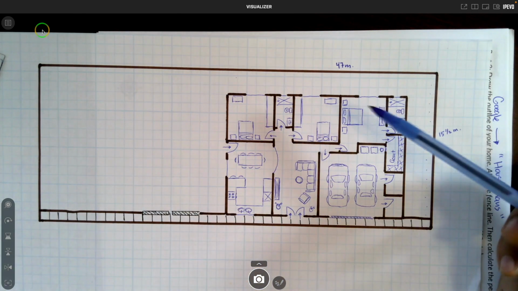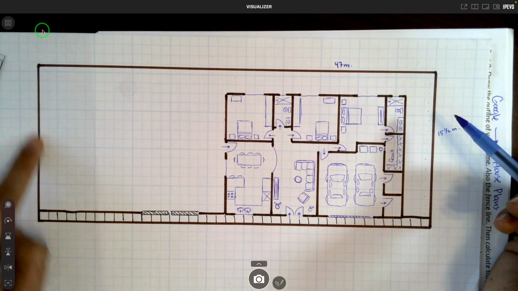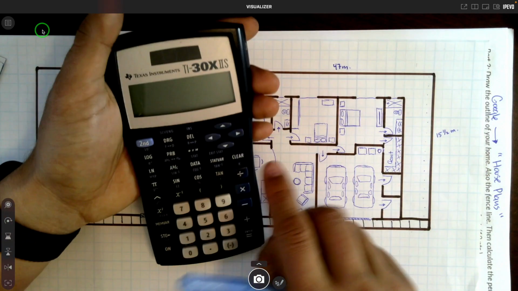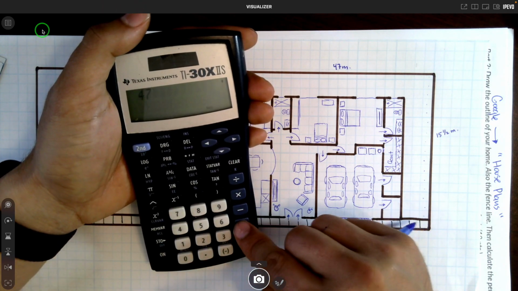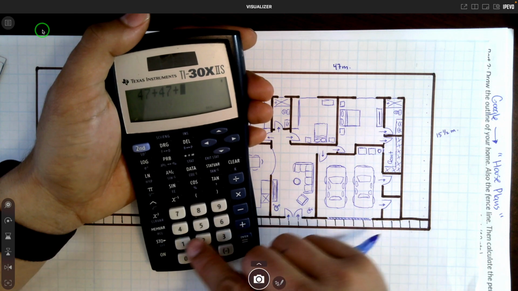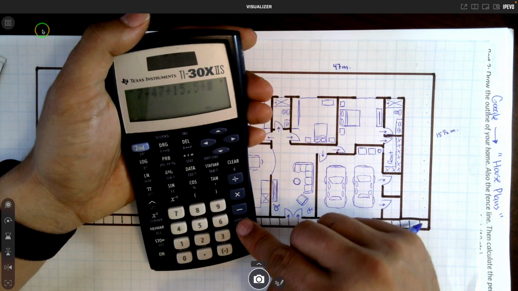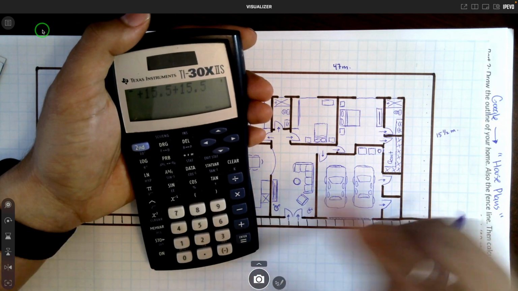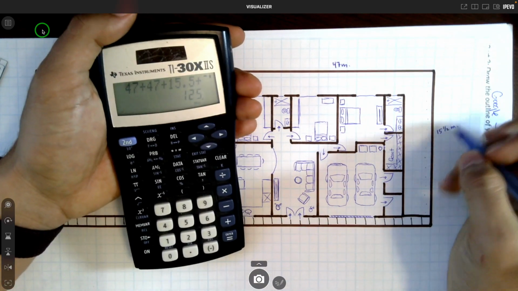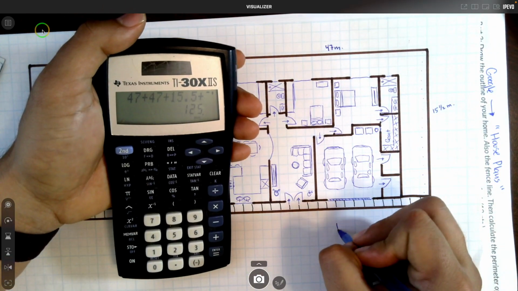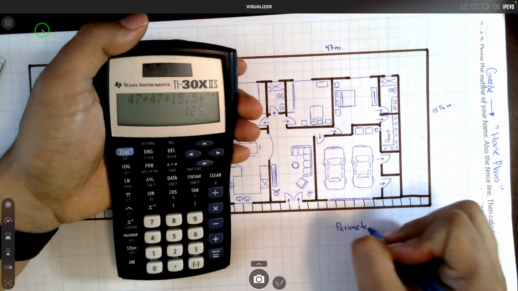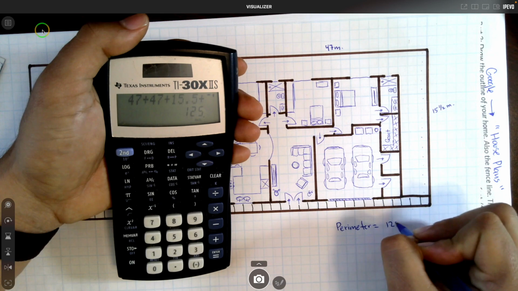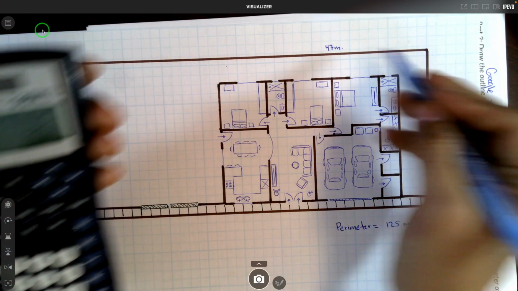So to find the perimeter of the entire boundary, let's get my calculator. 47 plus 47 plus 15 and a half plus 15 and a half equals the entire perimeter. Perimeter is 125 meters for the whole thing.